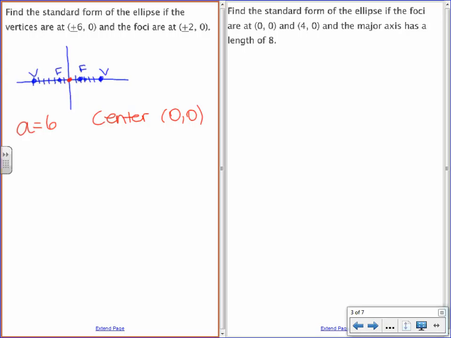Pod 3, what's something else we can pick out from the picture? C is 2 because that's how far away the foci are from the center.